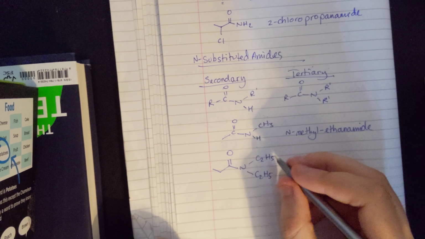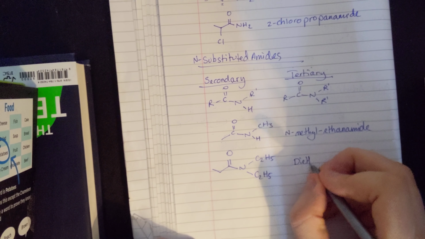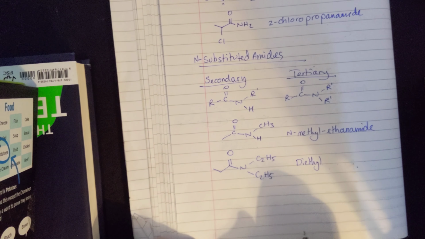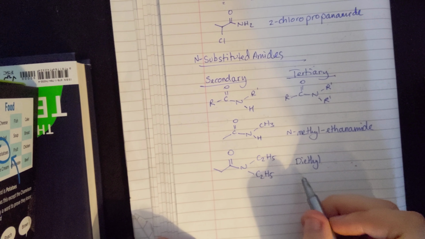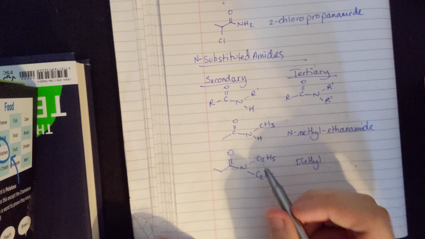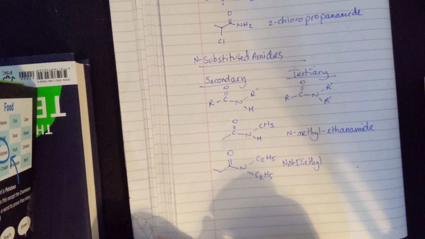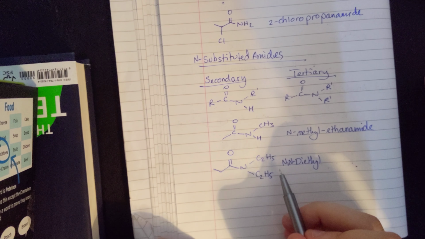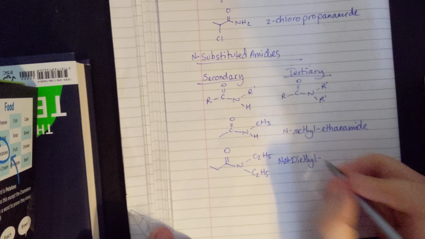We're used to seeing that's diethyl, but we need to specify where it is. And just like if they were both attached to carbon number 4 in a carbon chain, you'd write 4,4-diethyl. They're both attached to the nitrogen, so you have to write N,N-diethyl. You can't just put N, you need to put N,N-diethyl. So this is N,N-diethyl.